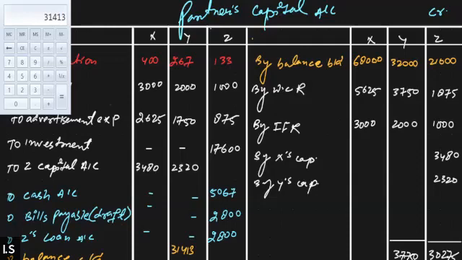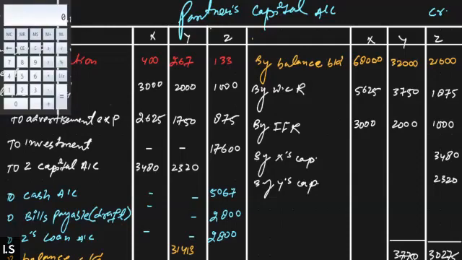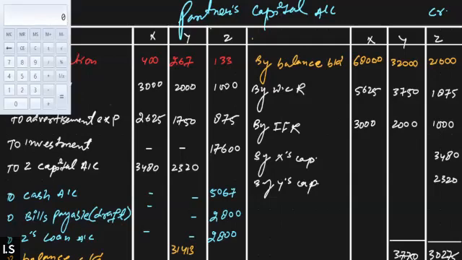Now let's talk about X. So it will be 68,000 plus 5625 plus 3,000. So it is 76625. And then we need to subtract the values on the debit side.